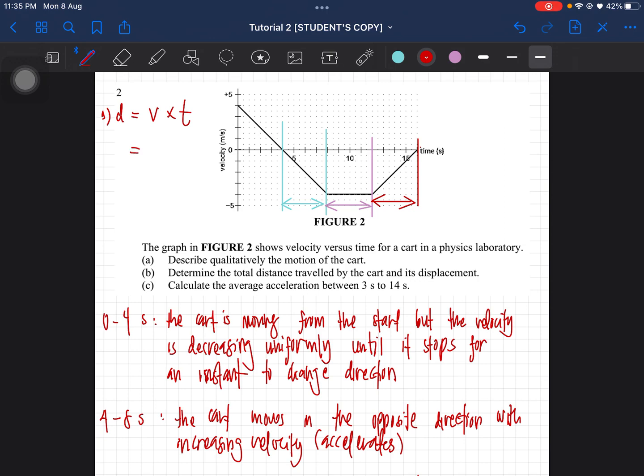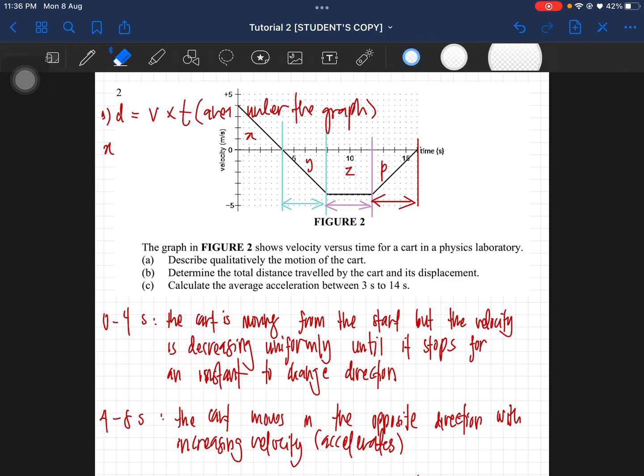What we can do is label the regions as x, y, z, or P. This is the area under the graph. Actually, sorry if I'm confusing, but let me just write it down.